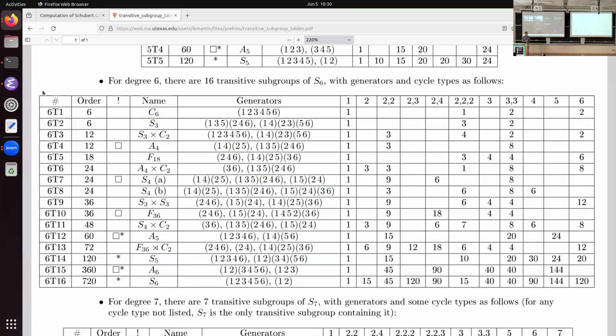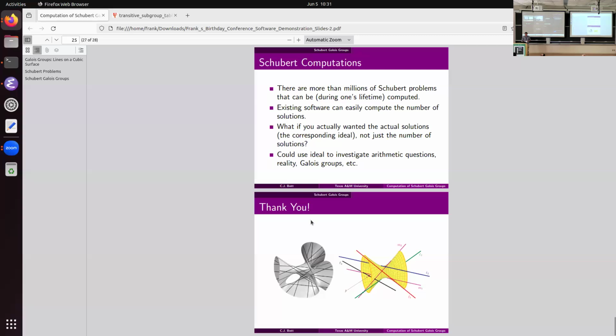This works in different types. Specifically, we have things worked out for types A and C. Hope to get type B working soon. But for any Schubert problem in any of those settings, the partial flag varieties of those types have their own analog of Schubert varieties and Schubert problems. You can get the ideal of that system using our package. So thank you all very much.